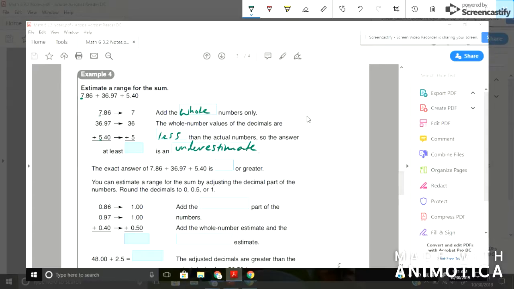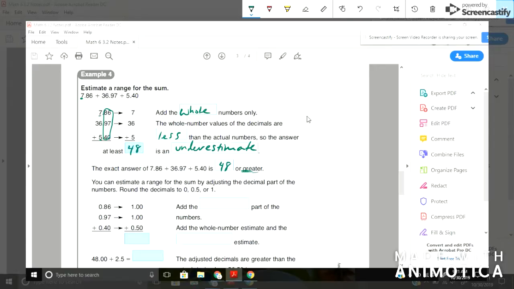So we have 7 plus 36 plus 5. Give us a total of 48. Okay. So the exact answer of this plus this plus this is 48 or greater because we took off all of this decimal section. We took that off on our front end estimation.